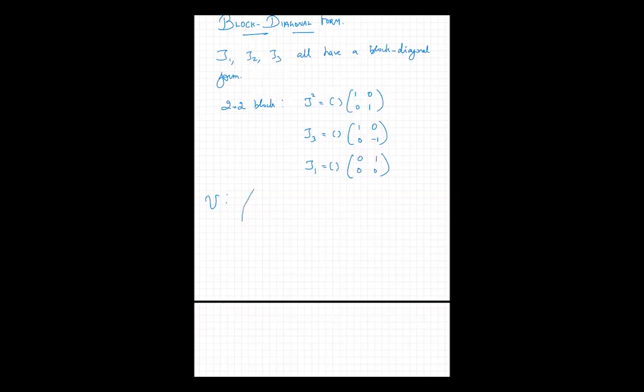The form of this U will also be very similar. It will also have a block diagonal form. It will have a 1/1 block, a 2/2 block, and a 3/3 block, and a 4/4 block, and so on and so forth, as many values as possible. There is a specific symbol for these matrices.